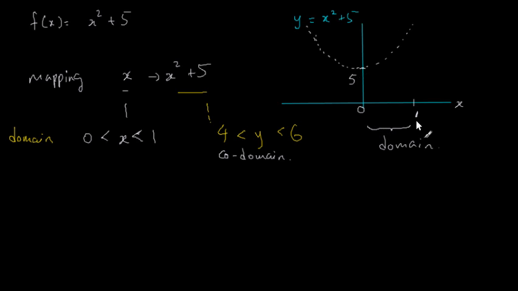Since this is the domain, the set of possible values of x, I should only look at the part of the graph that lies in this domain, from here to here. When x is 1, 1 squared plus 5 is 6. So the possible values of y actually go from 5 to 6.